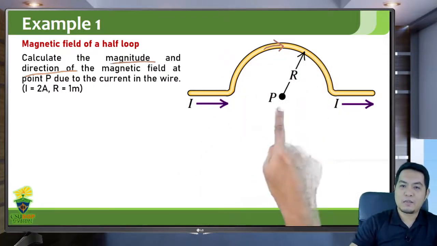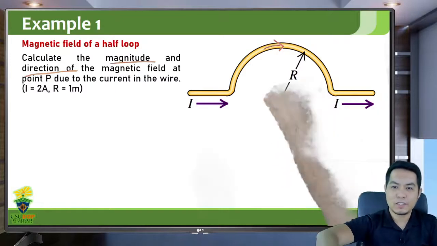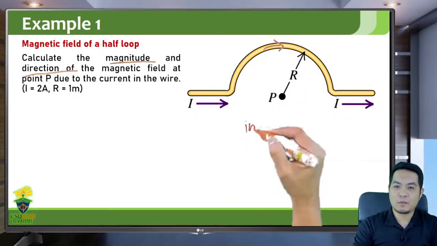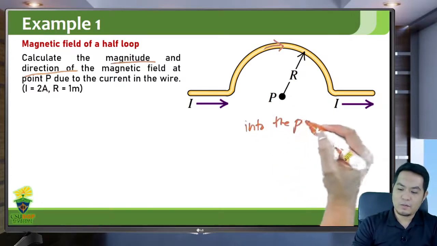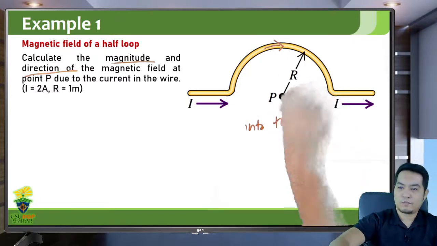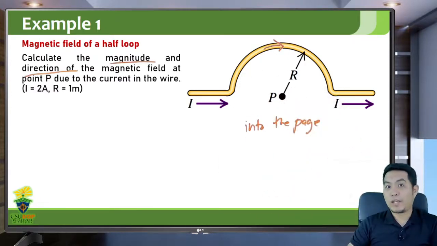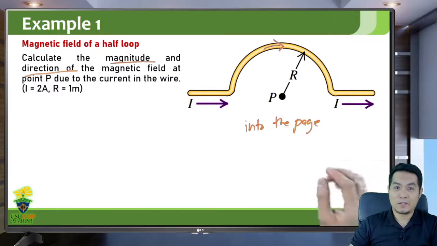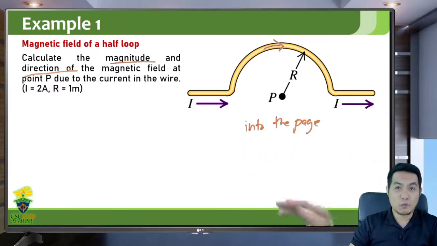The direction of the magnetic field at point P will be into the page. You can also define your axes so that you can specify the direction in terms of unit vectors, but the direction into the page will suffice.